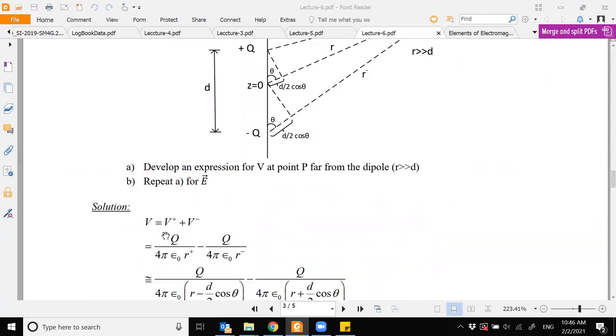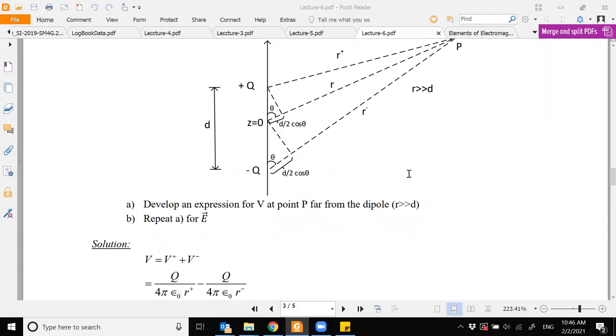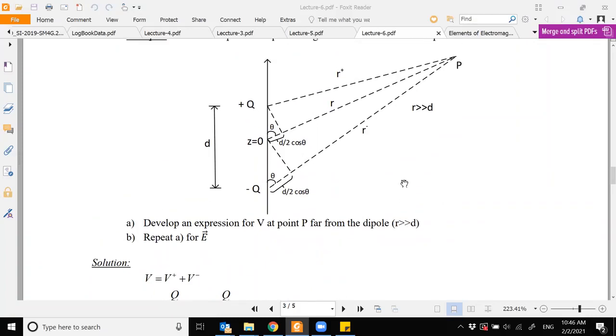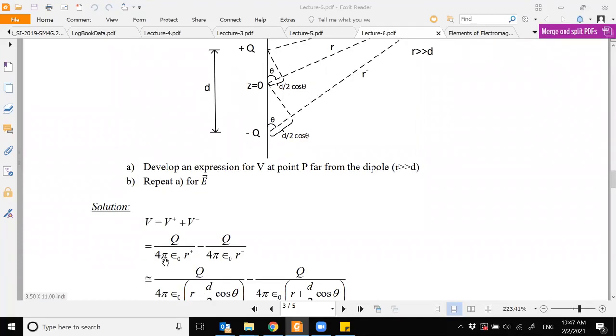I'm sorry, it is not the magnitude of the distance vector, because we are dealing with potential, not electric field. In the potential, it will be just the distance between the charge and the point P. So for the positive charge, it is Q over 4 pi epsilon naught R plus.